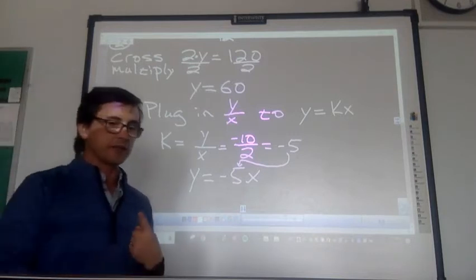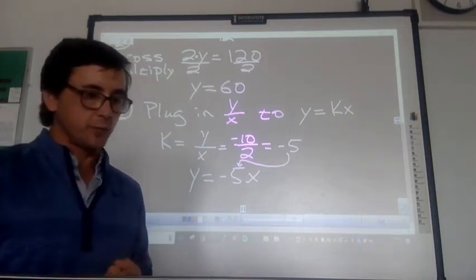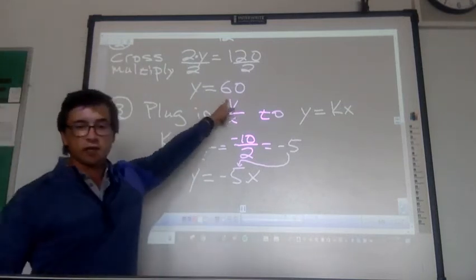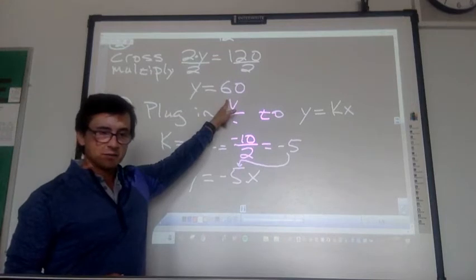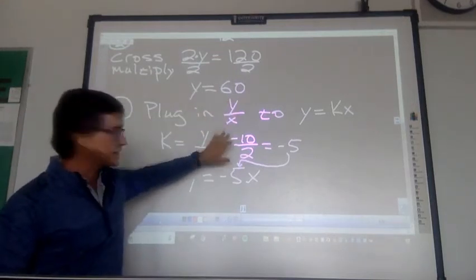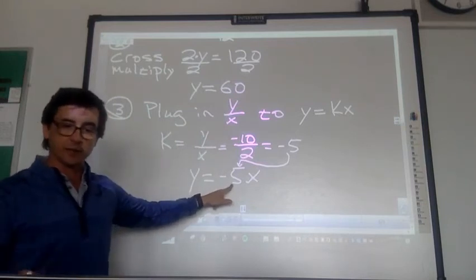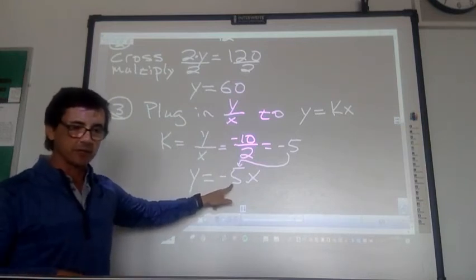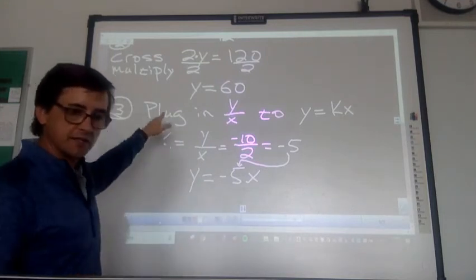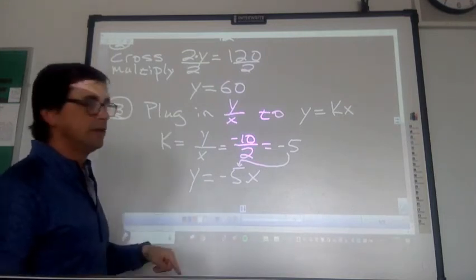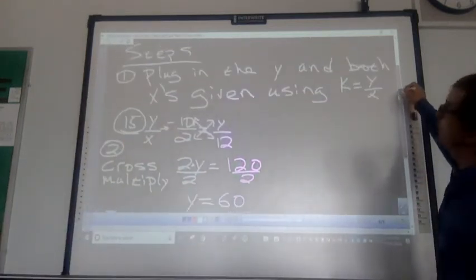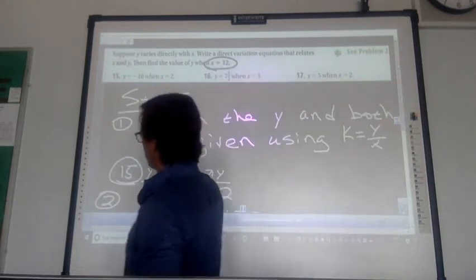So first thing I want to do, I want to make a proportion using y over x. Then I want to solve for the new y. Then I want to take the direct variation y over x and plug it in so I can write a direct variation equation. So relatively straightforward process as long as you follow those steps, which we're going to have you do right now in a breakout room with number 17 up here.